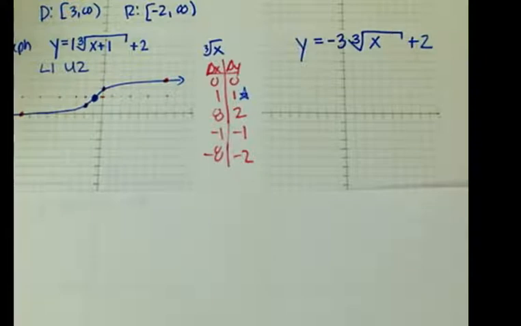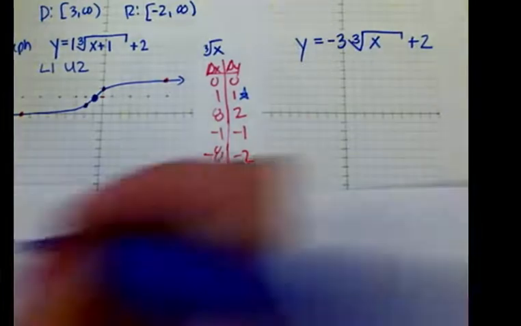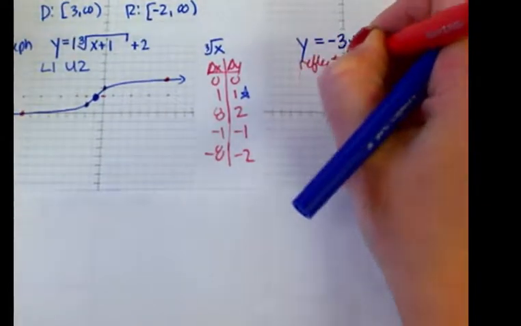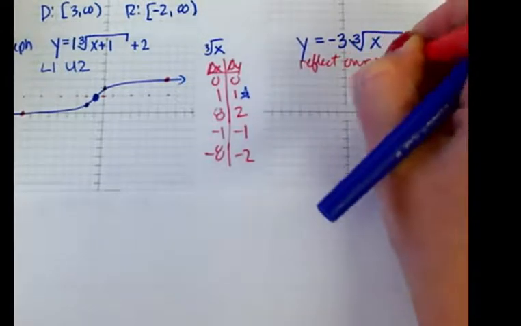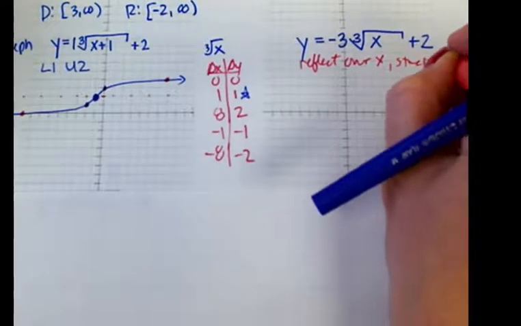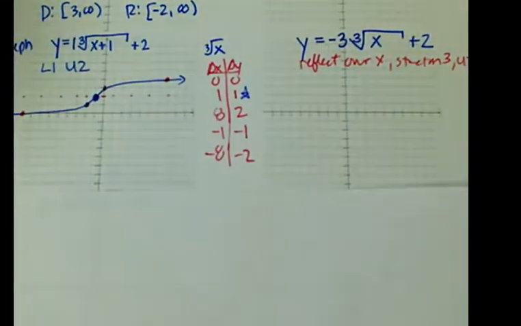So then I'll trash that. That's okay. So this is going to be a reflect over x, stretch by 3, and up 2.